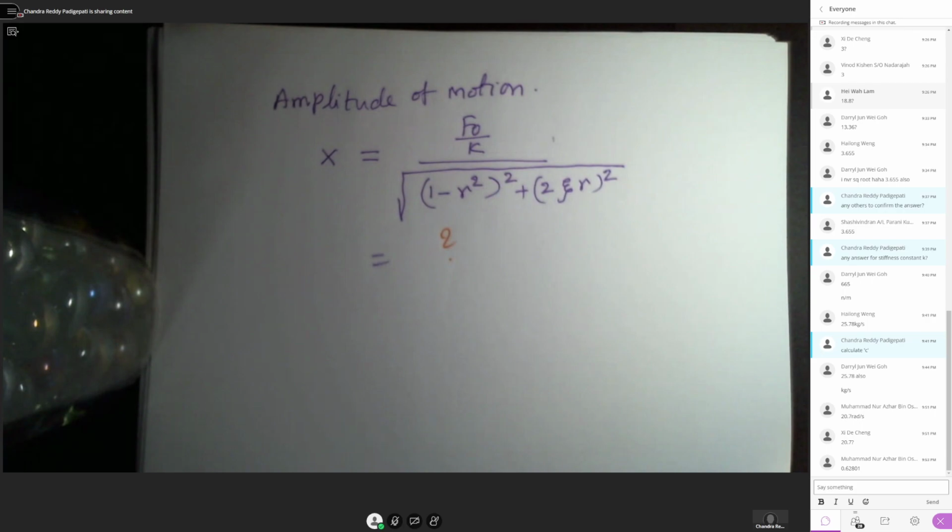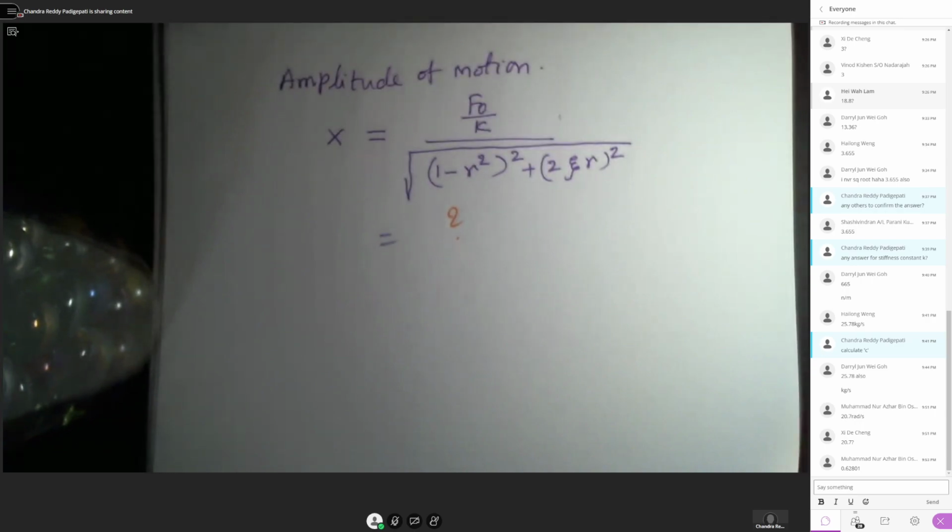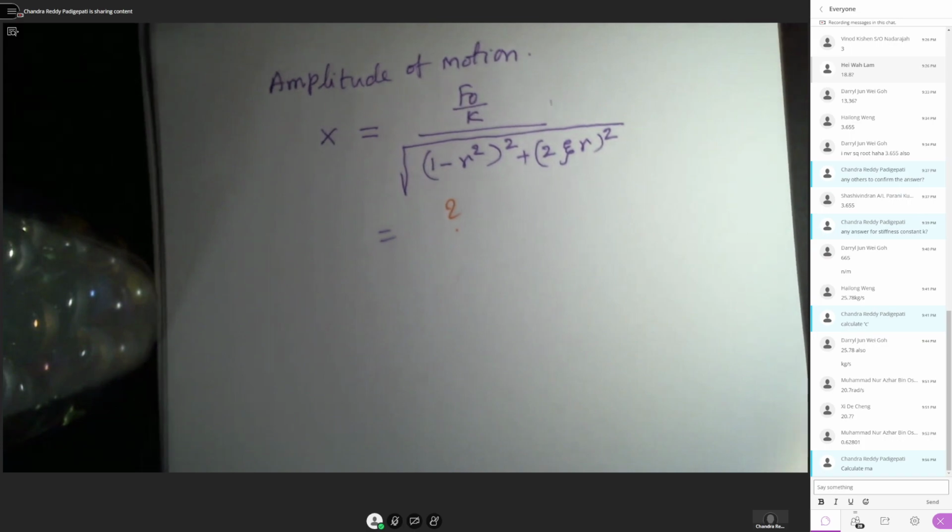So let me know any answer. So calculate amplitude.